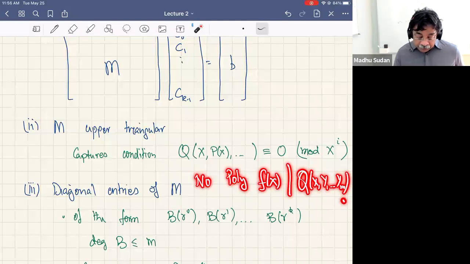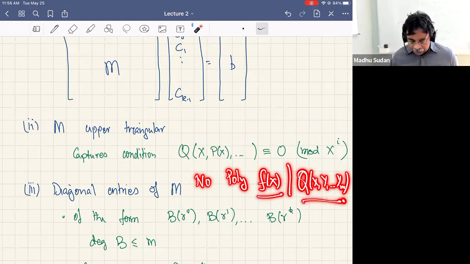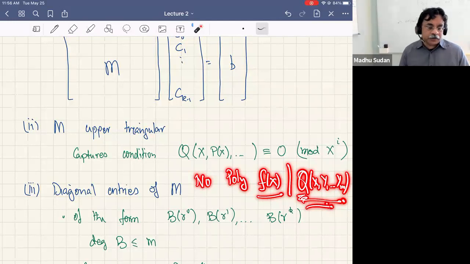This is a polynomial in m variables, and we are looking for factors which are specific settings of y's. Using a polynomial f of X which divides all of Q is not going to help us with that. So if we ever find it, we just factor it out and use this lower degree polynomial. And if you're wondering, we don't want to do factorization, that's fine. Just use the lowest degree polynomial Q that satisfies the conditions from before. That lowest degree one should not have an f of X dividing it, because if it did, you would divide by f of X and get a lower degree polynomial.